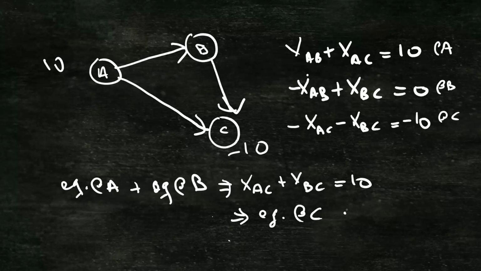So there are really two independent equations with 3 nodes.